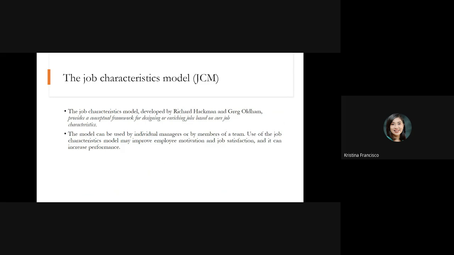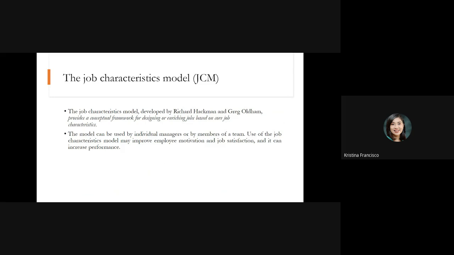Just to give you an overview or background, in 1975, organizational psychologists Greg Oldham and J. Richard Hackman wanted to figure out why employees lost interest in their jobs. So they studied people and their jobs and came up with a universal model that we still use more than 40 years later, which is called the job characteristics model, also known as your JCM.